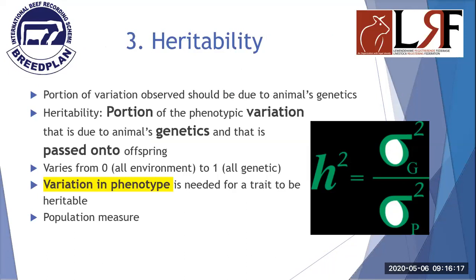Now heritable or heritability means the proportion of the phenotypic variation, the variation that we see, that is due to the animal's genetics and that is passed on to the offspring. And it normally varies between 0 and 1, meaning when it's 0, there's no genetic component.